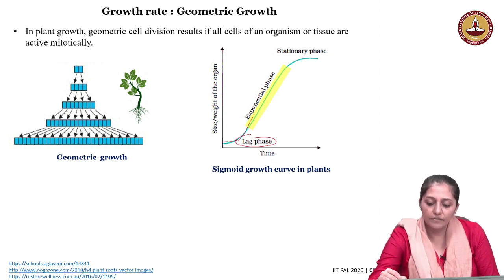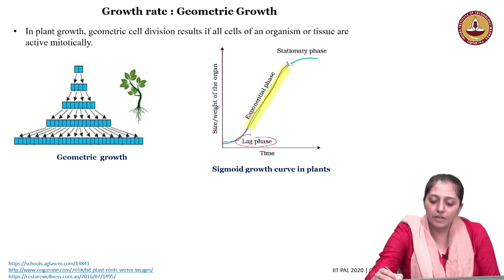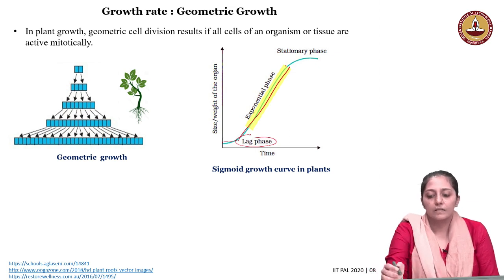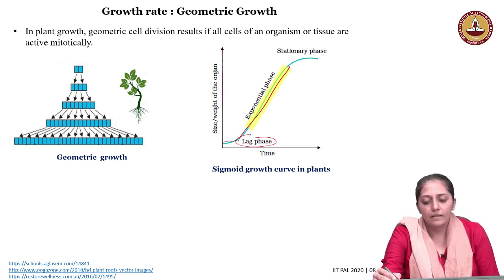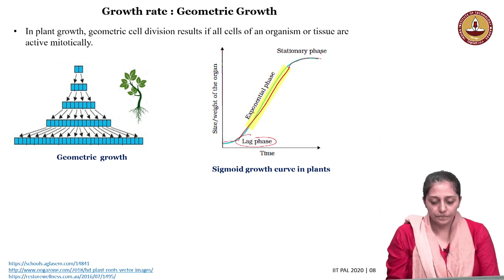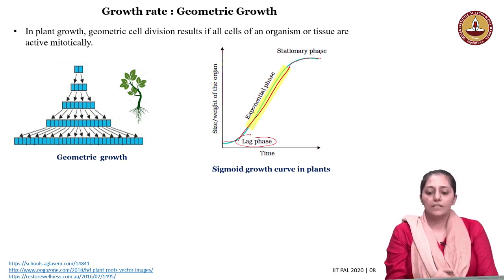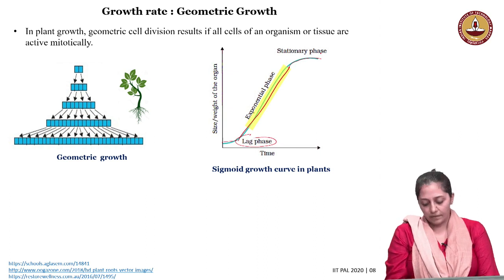Then comes the active growth phase, which is called the exponential phase. And then after nutrient depletion happens, there is a reduction in the growth rate and eventually there is no more growth happening. So, it follows more or less a sigmoidal growth pattern.